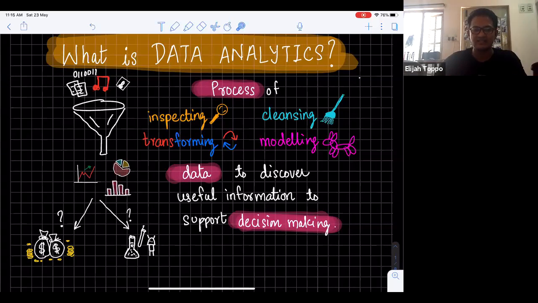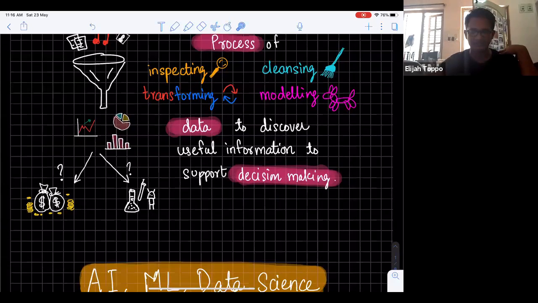We can utilize that edge to make more money, or to invest in research. What we do with that is the second question. But at least the data helps us find out what has happened and what is going to happen. That is just a rough overview of what data analytics is: a process of inspecting, cleansing, transforming, and modeling data to discover useful information and support decisions.